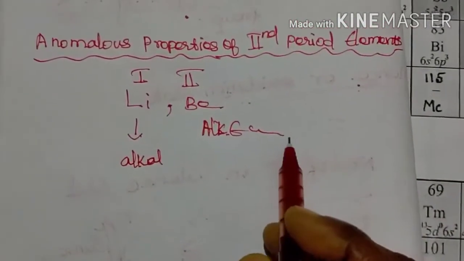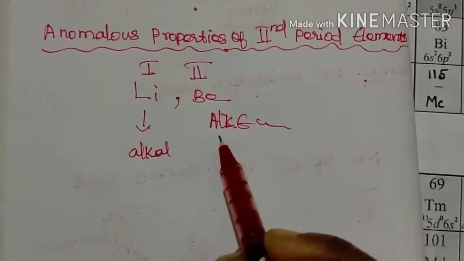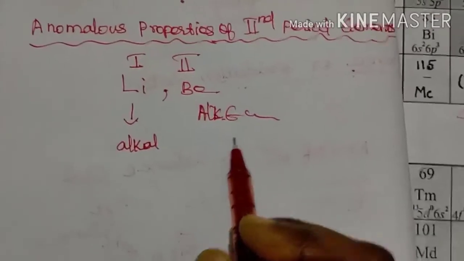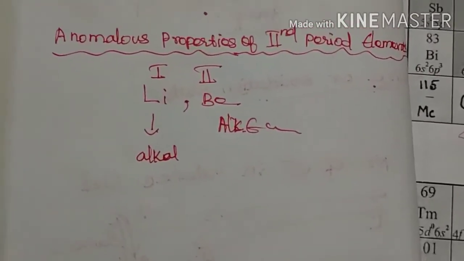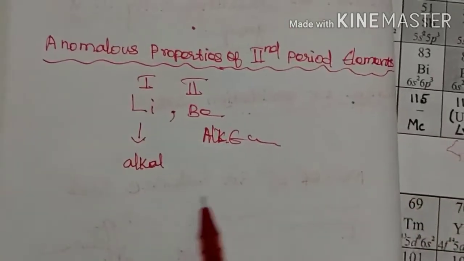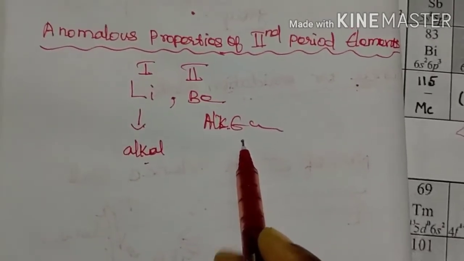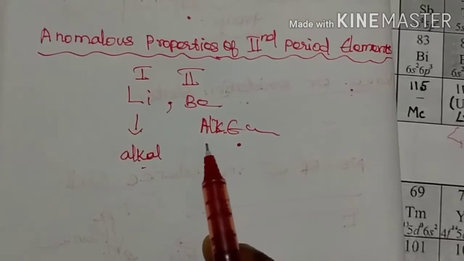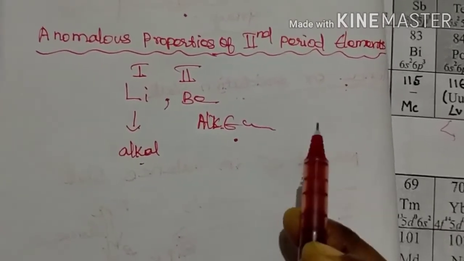The general character of alkali metals and alkaline earth metals is that they have more ability to form ionic compounds. But lithium and beryllium, which are present in the alkali and alkaline earth metals, are involved in covalent compound formation.